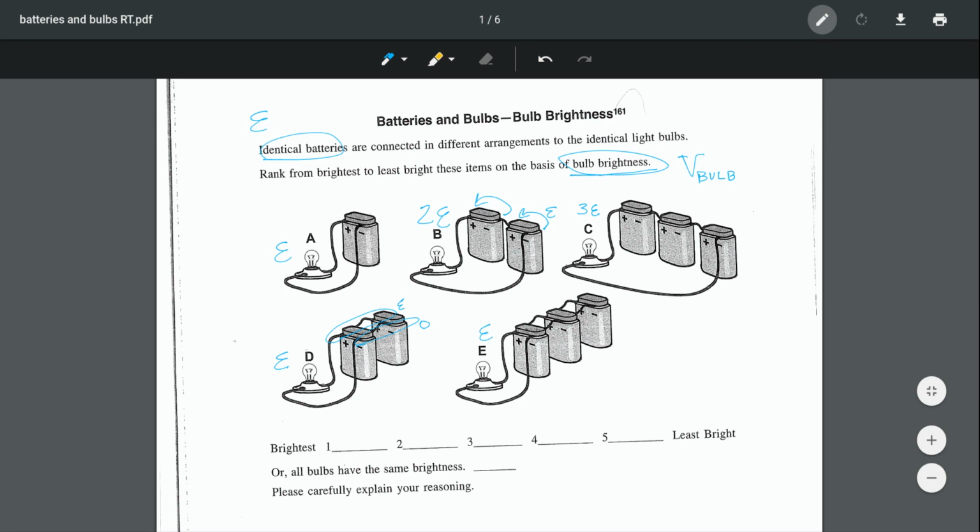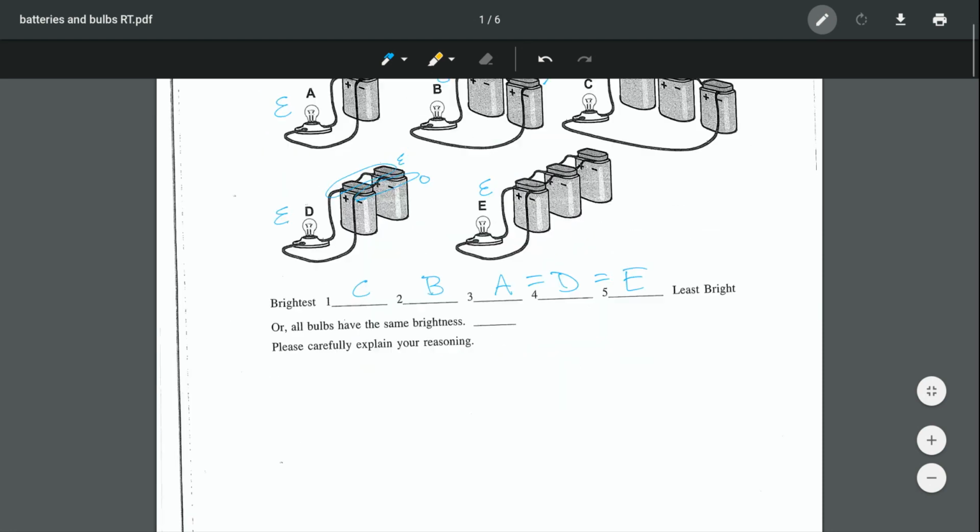So if I rank here, I see that case C is the greatest with 3E. Case B comes next. And then cases A, D, and E are all the same. All right, moving on.